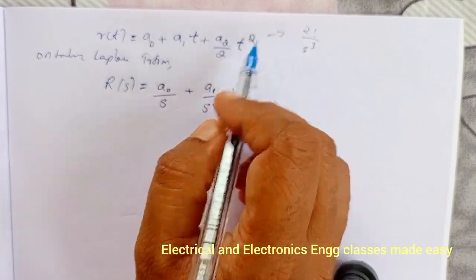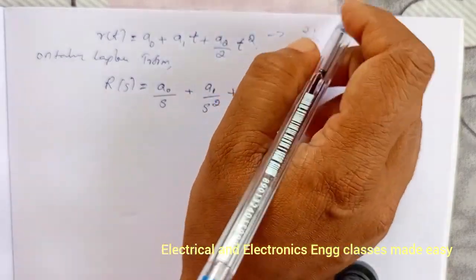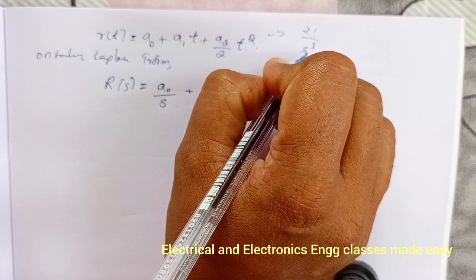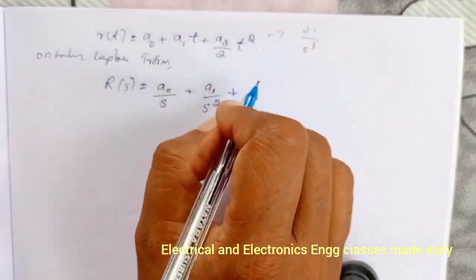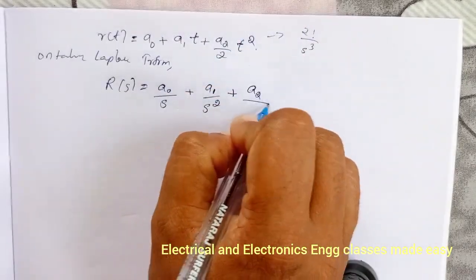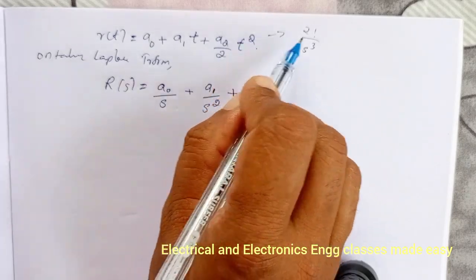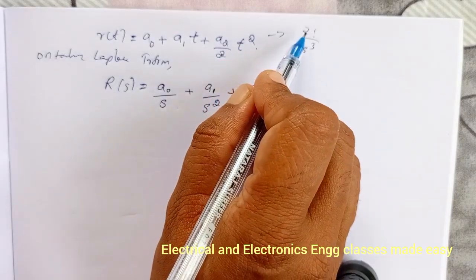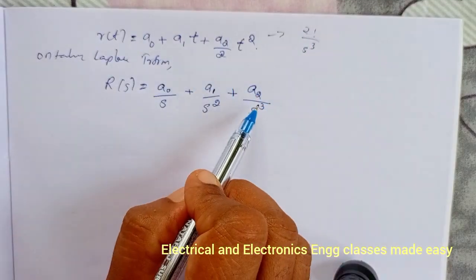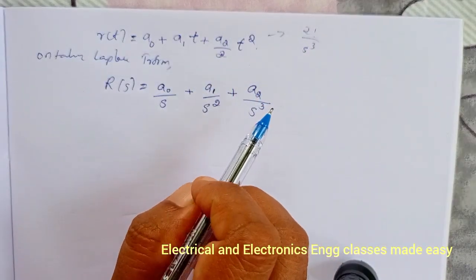So we can write a2 by 2 into 2 divided by s³. So we get a2 divided by s³, because this 2 gets cancelled.